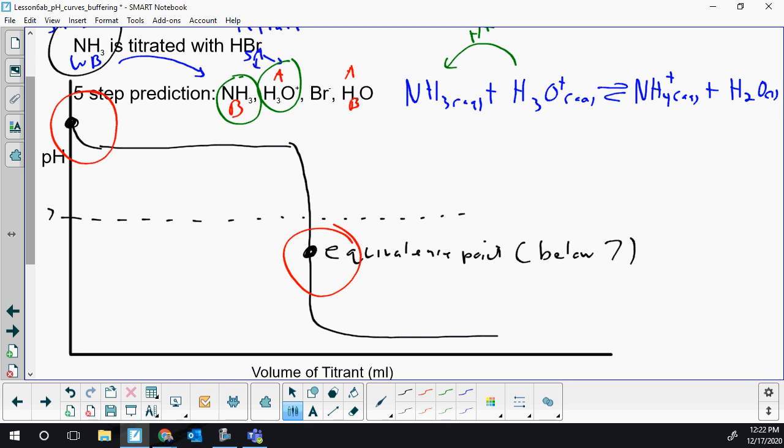One last big thing to mention before I kind of change focus slightly is when we see the equivalence point in the middle of a sharp drop. So I'm going to color code this part blue. When we see this in a pH curve, it tells us something about the reaction.